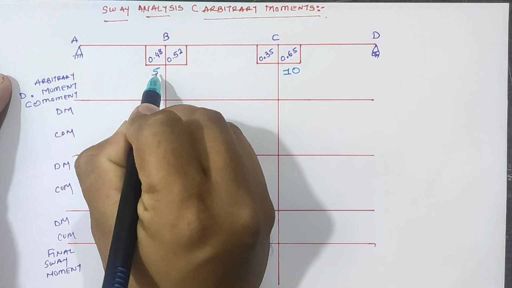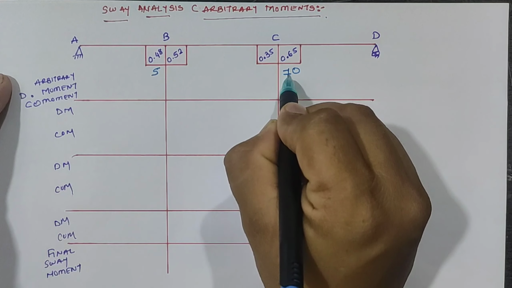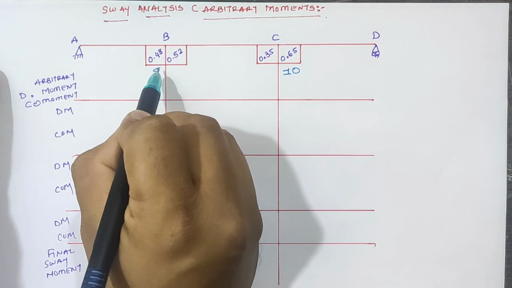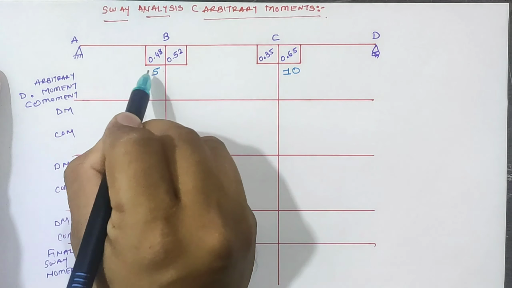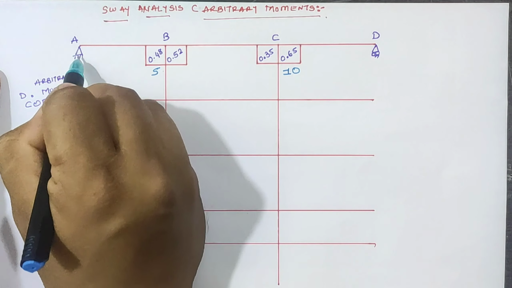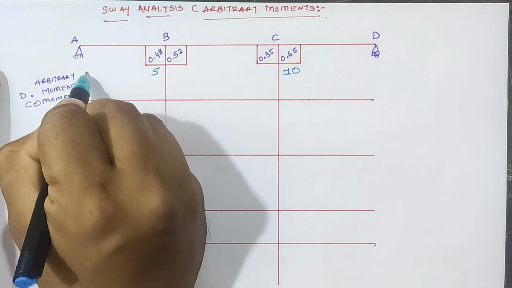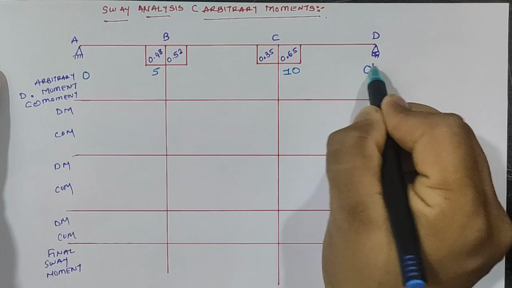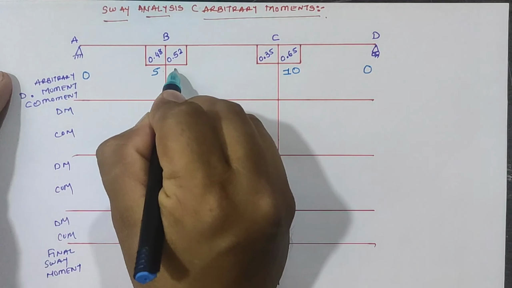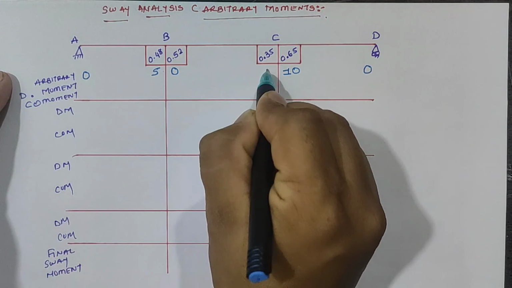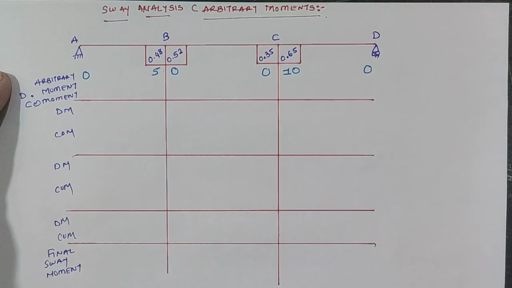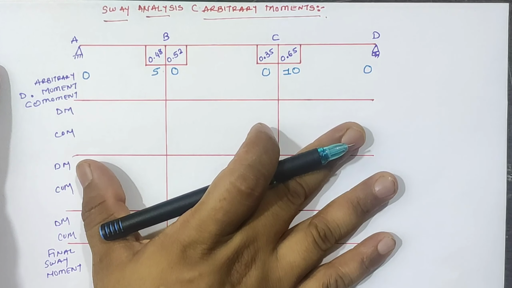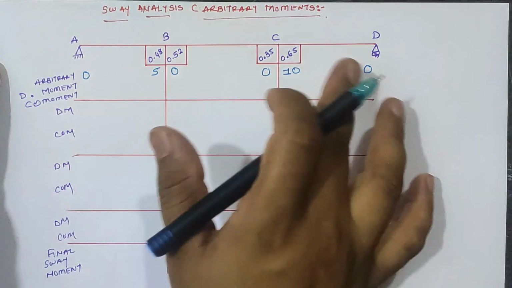We have assumed the arbitrary moment 10 kilonewton meter at the CD span, and from the moment relation we have calculated the BA span value as 5. Due to the roller or hinge support, the value of arbitrary moment is 0 at D and E, and there isn't any moment in the B to C span.